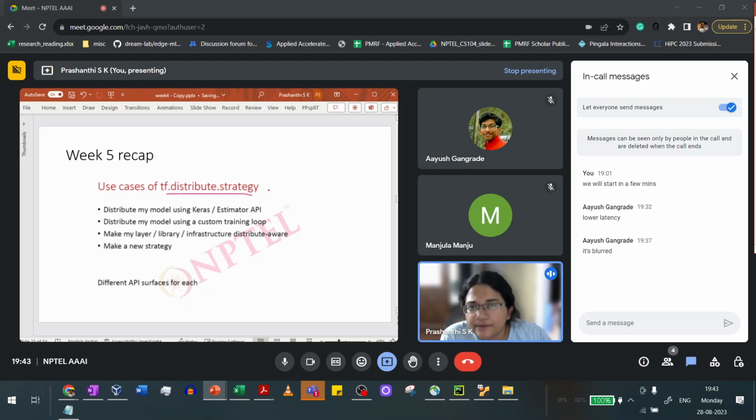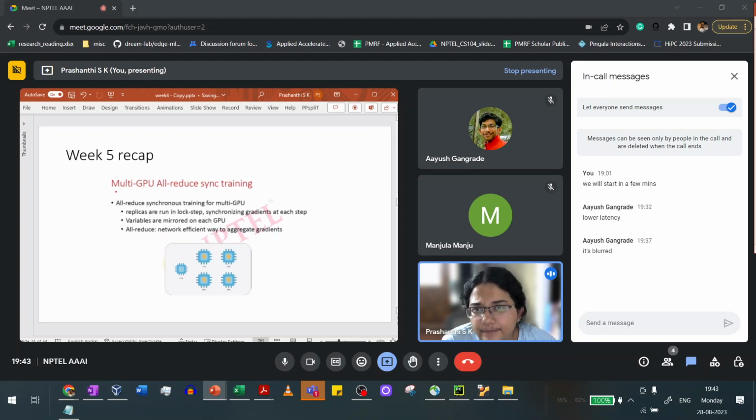We have different variations of those strategies, and you could do this in different ways. You could come up with a new strategy, or you could use the Keras or estimator API to distribute your model, or you could use a custom training loop. TensorFlow offers you different APIs for each of these.